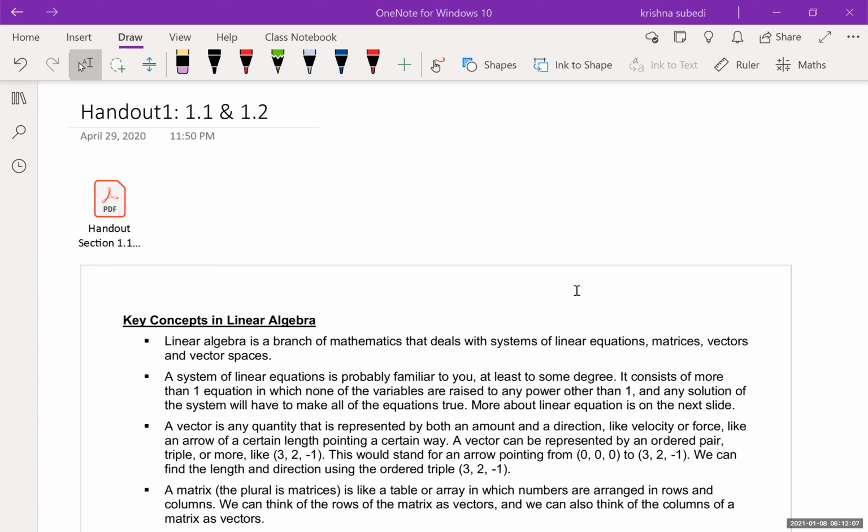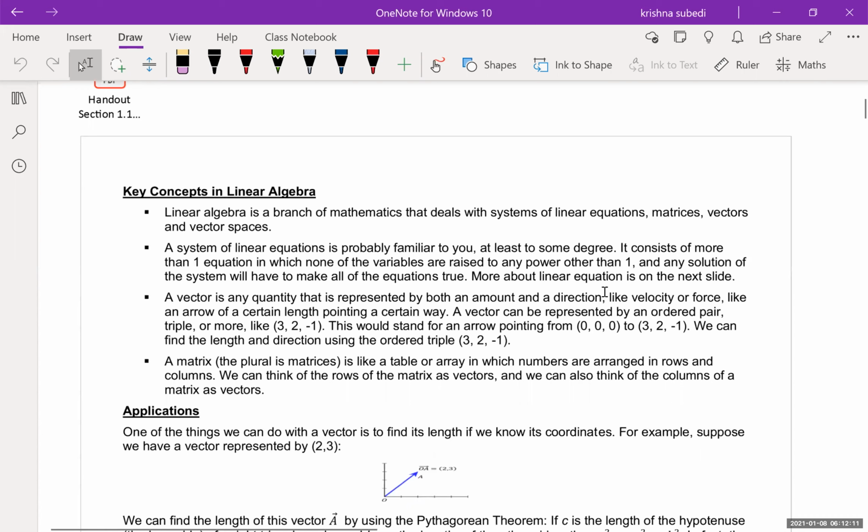So before we begin solving those questions, I just want to give you, very briefly, an idea of what this linear algebra is all about. What are the key concepts that we'll be talking about in this course? Linear algebra is a branch of mathematics that deals with systems of linear equations, matrices, vectors, and vector spaces.